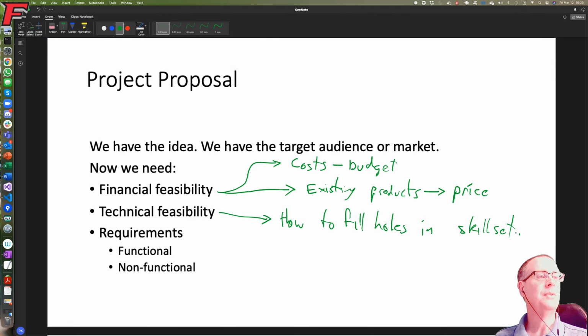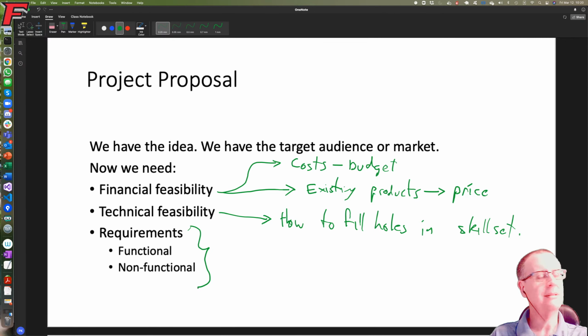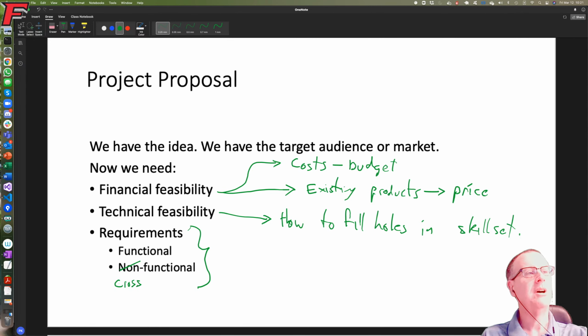And then now that there's a group of you, you're going to have to go through and figure out what are you actually going to build, and what are the functional, and I should take that norm off there, cross-functional requirements.